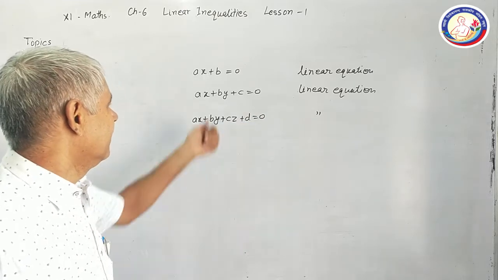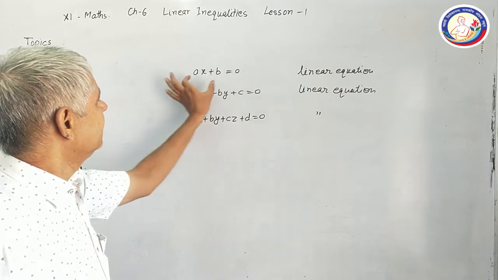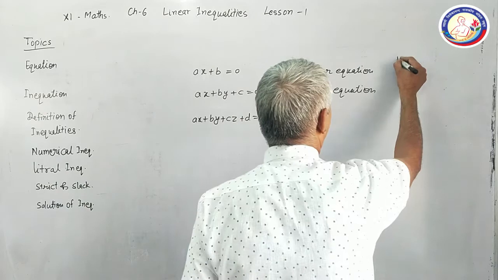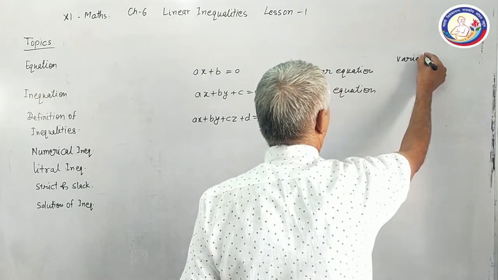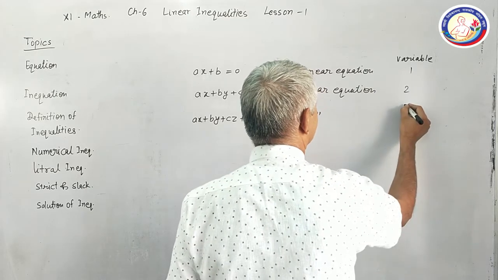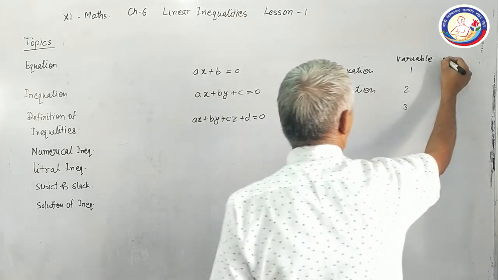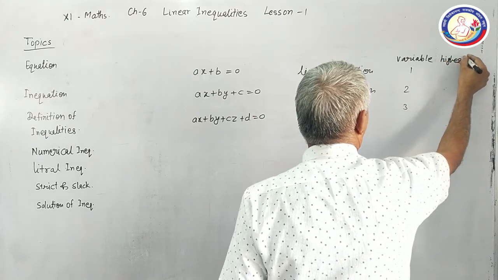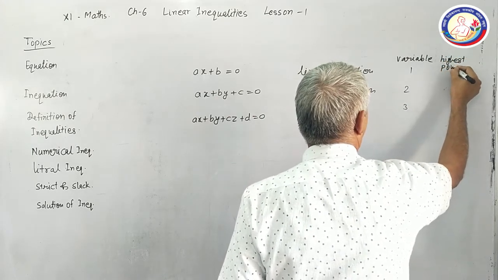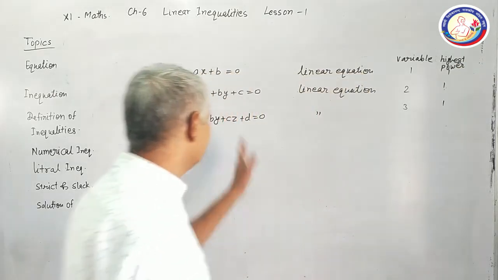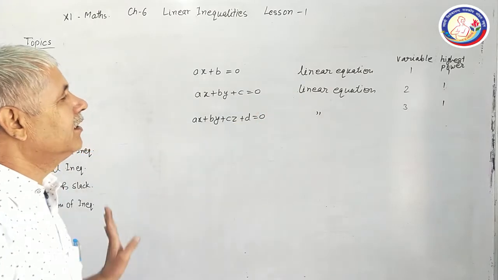So this is equation with variable 1, this is equation with variable 2, this is equation with variable 3, and power here 1, 1 and 1. So this is all about equations.